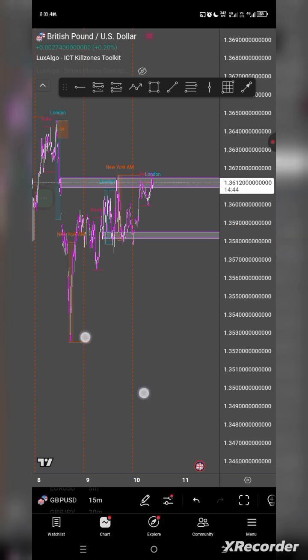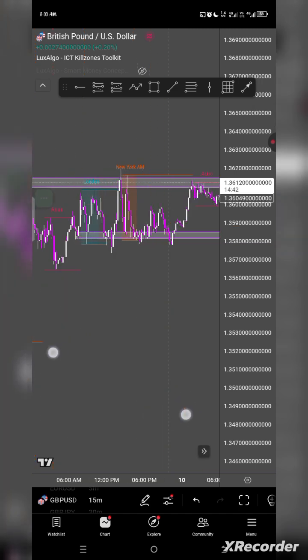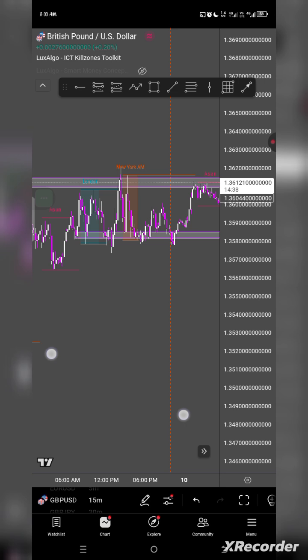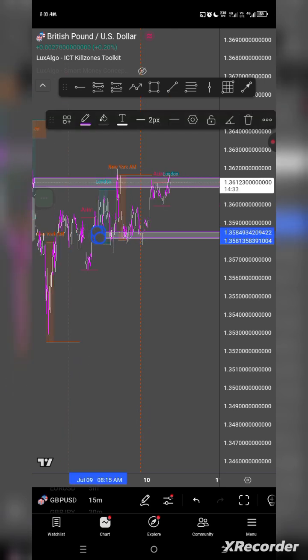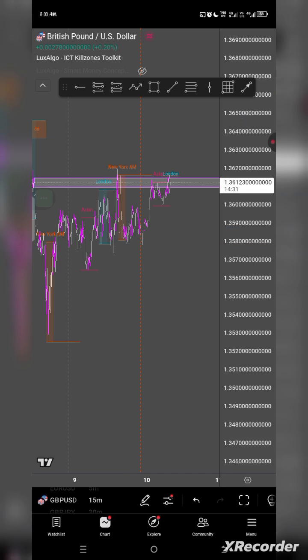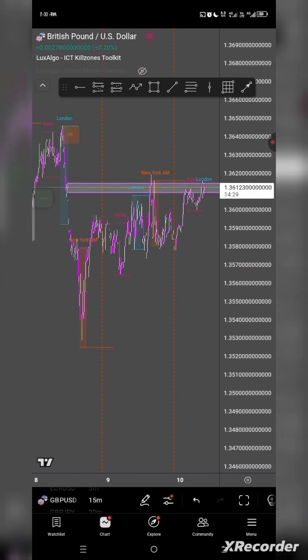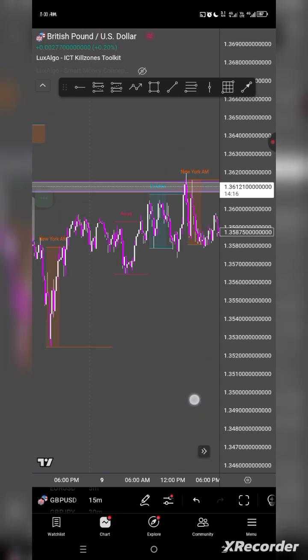I think I just marked out this demand zone around there, thinking it was going to. It actually got respected quite a number of times. But then I think I didn't take the trade. So now I actually want to start trading only one pair or two pairs max, which is XAUUSD and EURUSD, because that's where most of my backtesting sessions actually happen.